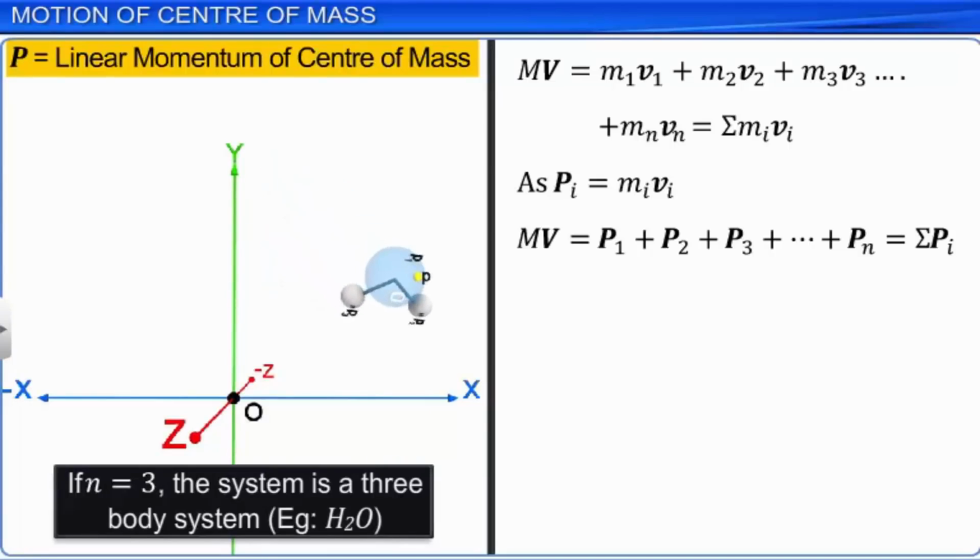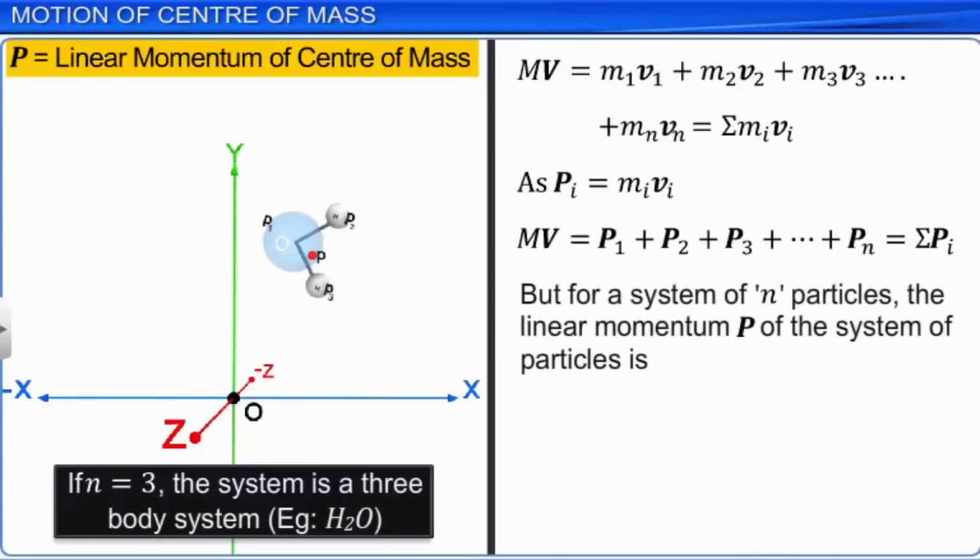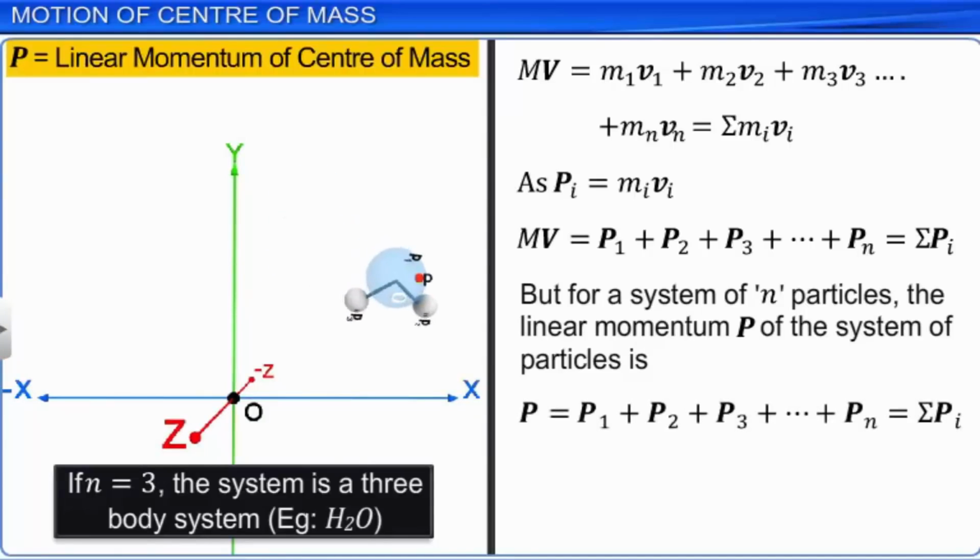But for a system of n particles, the linear momentum p of the system of particles is p1 plus p2 plus p3 and so on, plus pn, which is equal to sigma pi. Hence, p is equal to mv. Let this be equation 4.